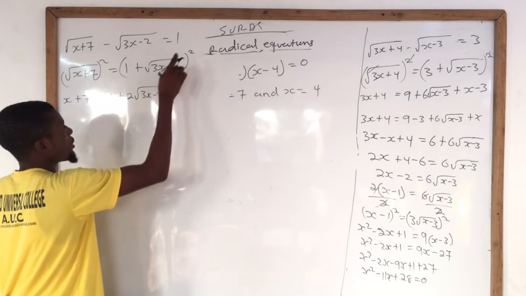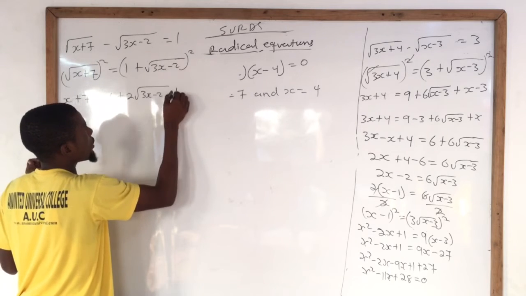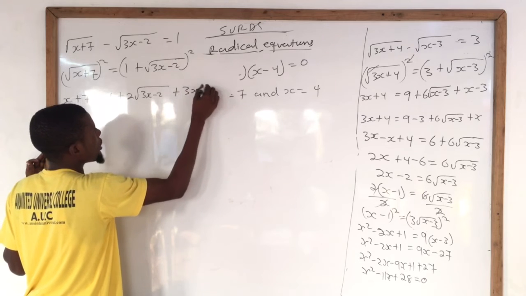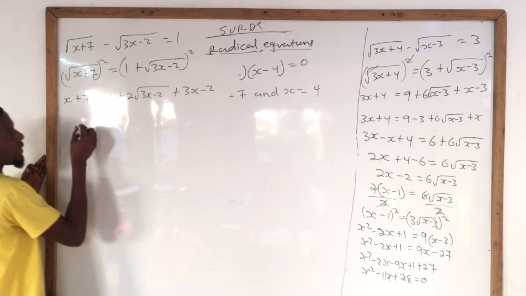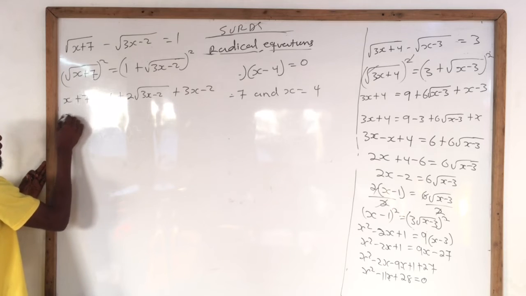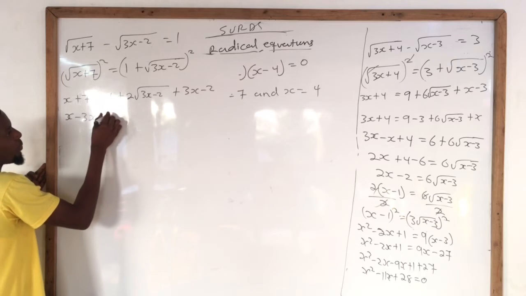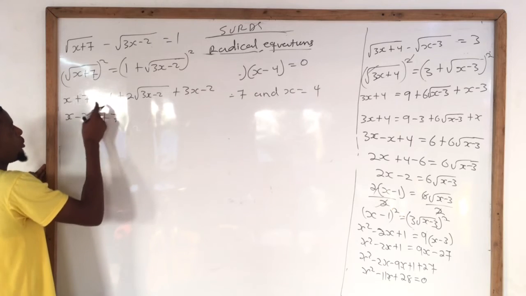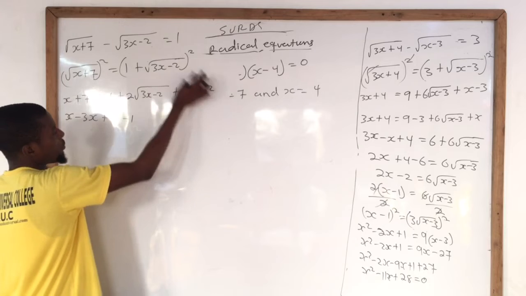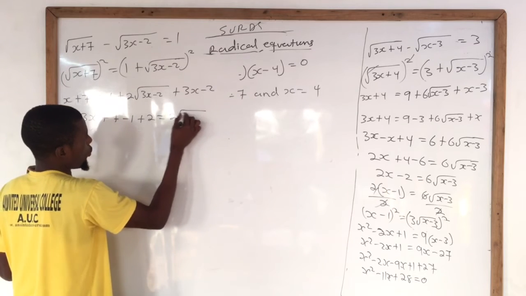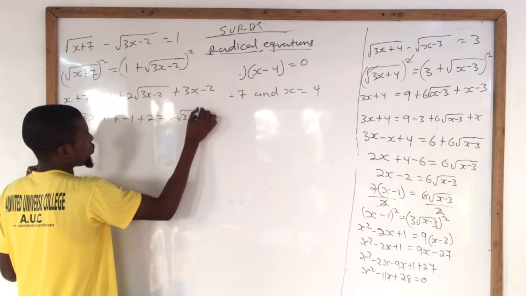And squaring the last one is going to give me plus, it will cancel, so 3x minus 2. Grouping like terms, I have x and this comes here minus 3x plus 7. Let me move the 1 here, minus 1. If I move this 2 here, I'll get plus 2 equals 2 root of 3x minus 2.